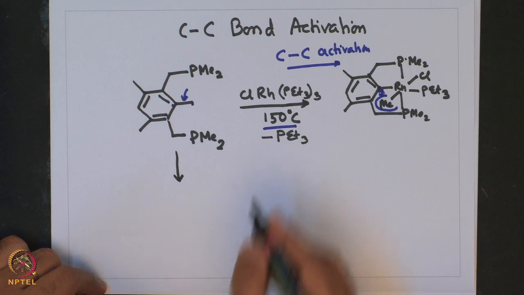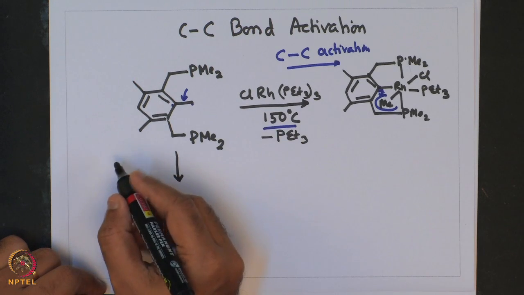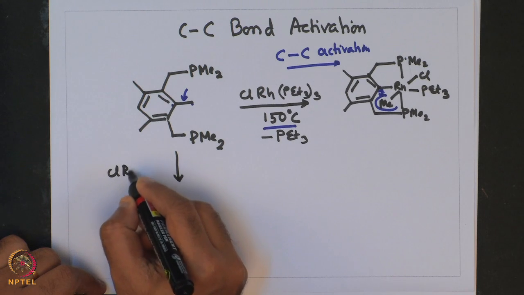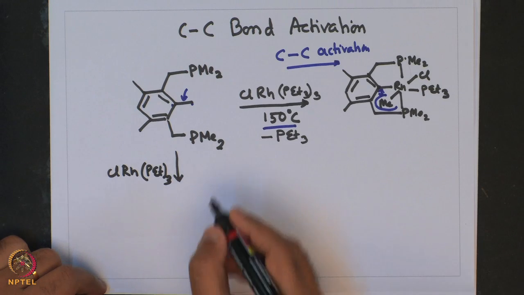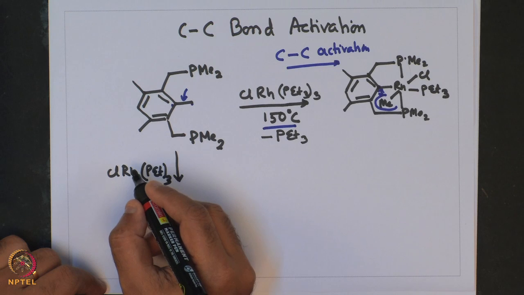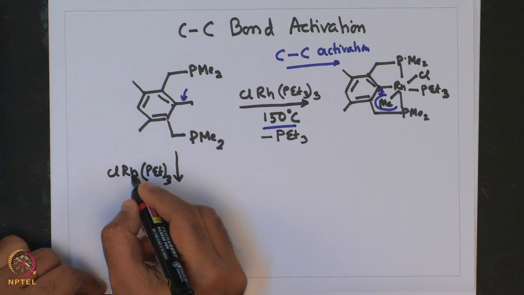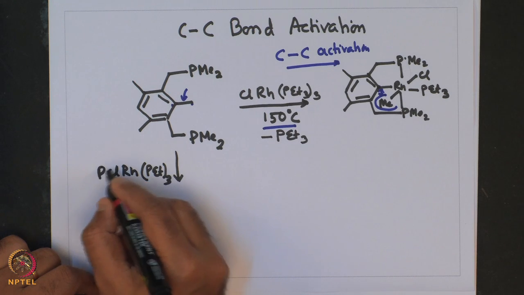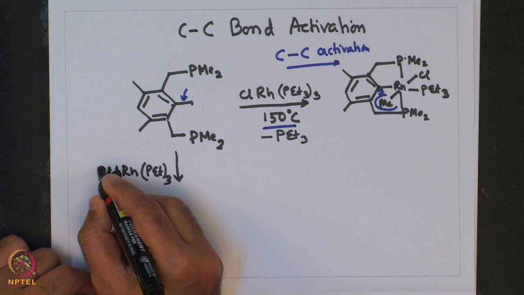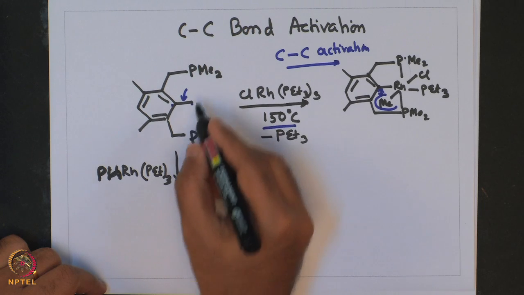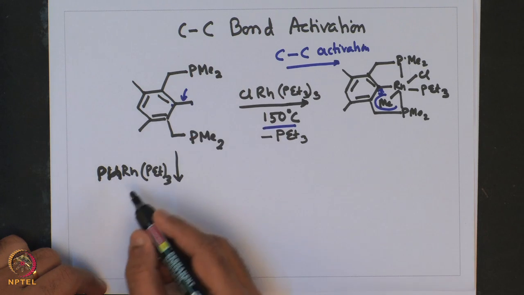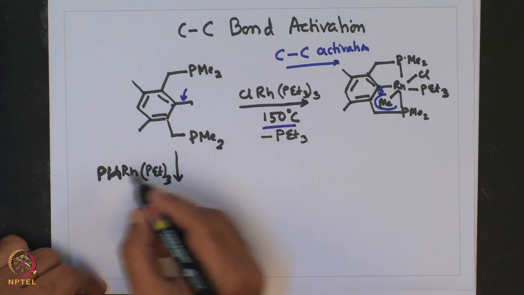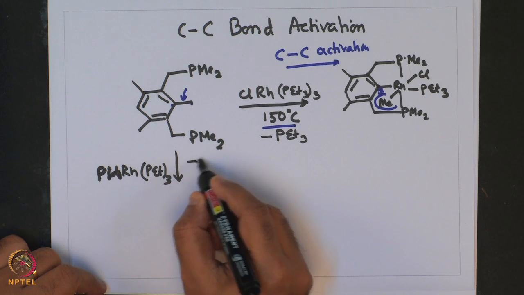So, this molecule reacts with the catalyst containing rhodium phenyl and loses a benzene, where the C-H of this methyl gets activated and is lost as benzene.